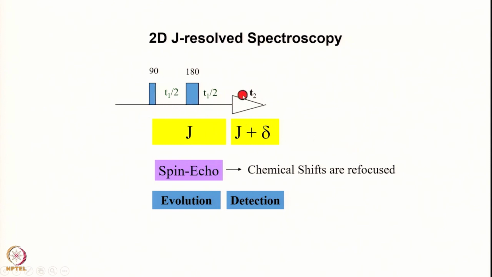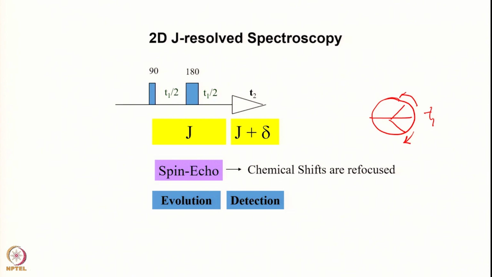So, during this t1 increment what is changing? The 2 transitions A1 and A2 keep moving. Let me write that here. They keep moving during the t1 period, they keep evolving.